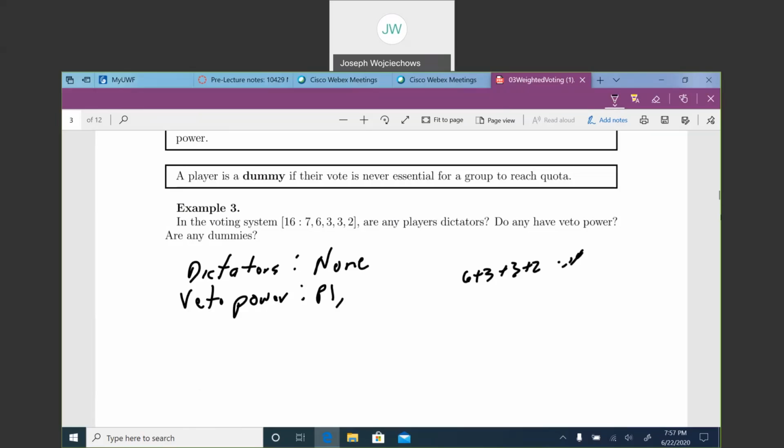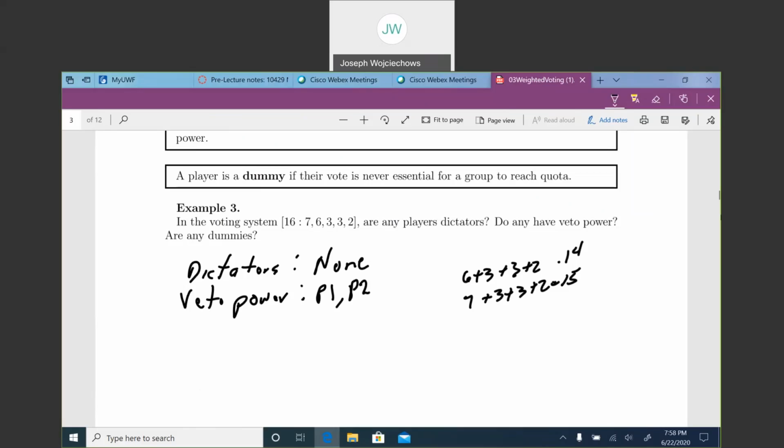Now let's look at player 2. If player 1 agrees and everybody else but player 2 agrees, we have 7 plus 3 plus 3 plus 2, which is 15. And again, it can't pass, so we have to have player 2.